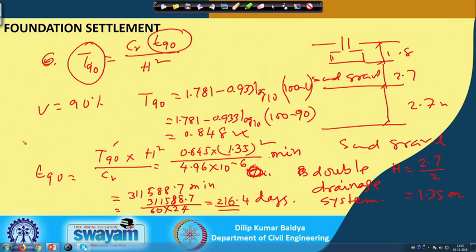So, that means in 216 days, 216 days will be required to achieve 99 millimeter of settlement.